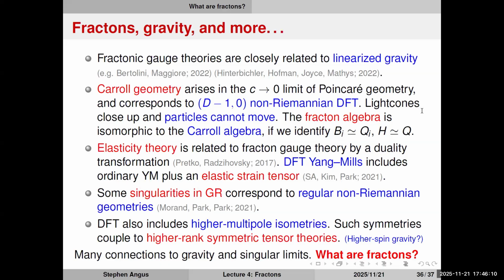One half of it is just the usual vector potential, but then we have another D set of components, and it turns out that looks like a phonon vector. So we get something that resembles ordinary Yang-Mills theory plus an elastic strain tensor. This is another interesting correspondence with both condensed matter physics and also fractons via this duality.